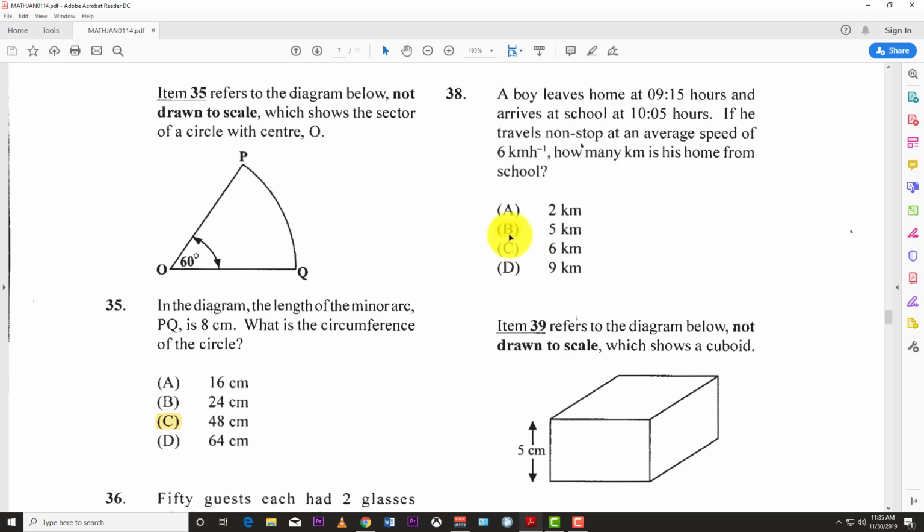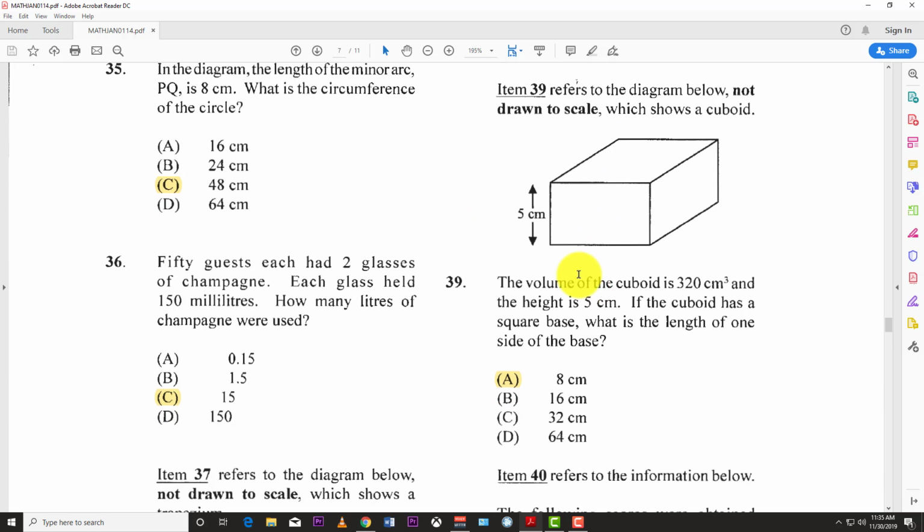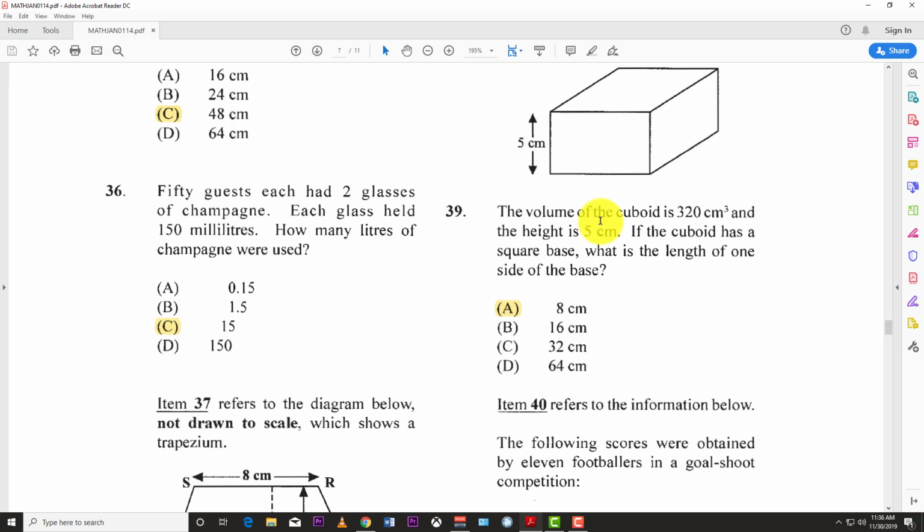And the answer here is B, 5 kilometers. 39 refers to the diagram below, which shows a cuboid. The volume of the cuboid is 320 centimeters cube, and the height is 5 centimeters. If the cuboid has a square base, what is the length of one side of the base? And the answer here is A, 8 centimeters.